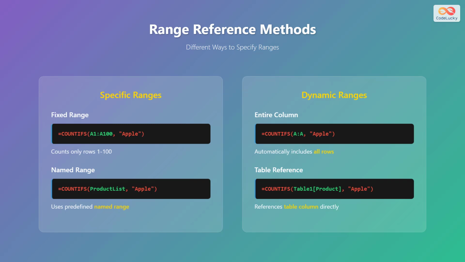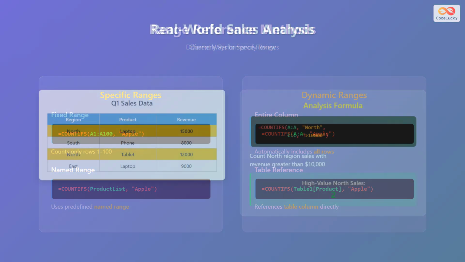For dynamic ranges, =COUNTIFS(A:A, "apple") will automatically include all rows. Or use =COUNTIFS(Table1[Product], "apple") to reference a table column directly.